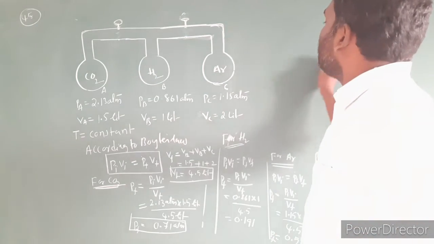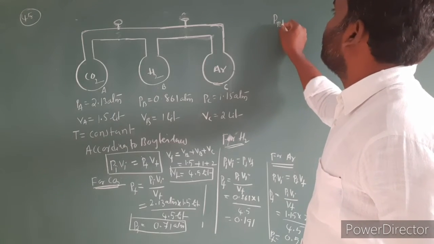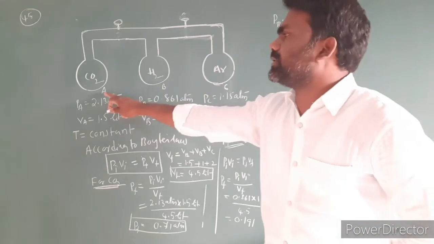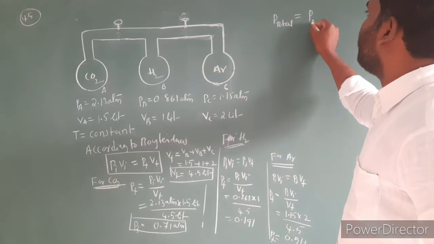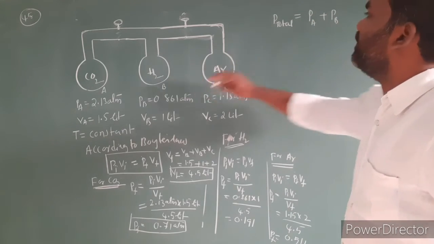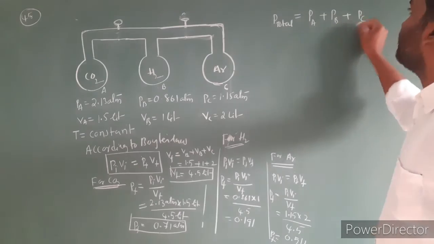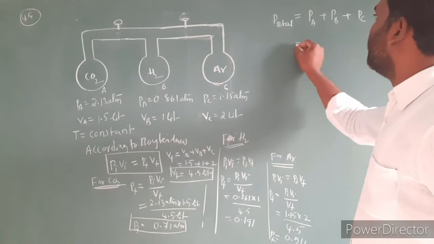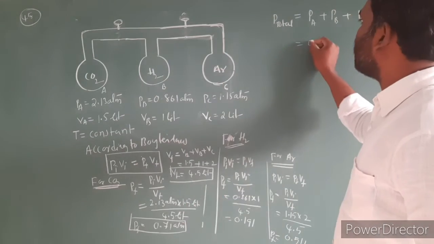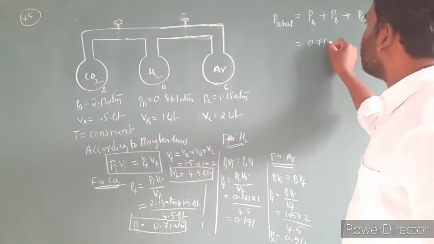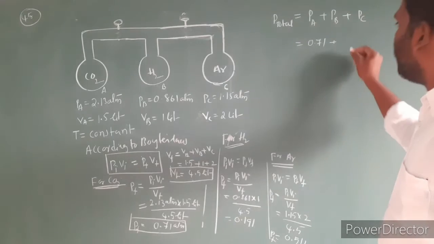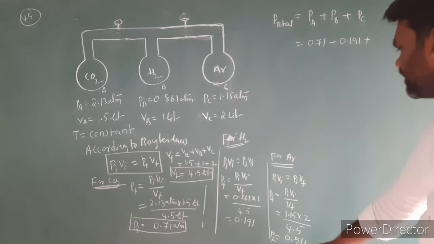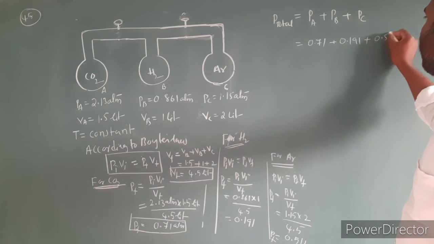Next we have to use Dalton's law of partial pressure. The total pressure is equal to the pressure of bulb A, because of carbon dioxide gas, plus the pressure of B plus the pressure of C. That is PA, 0.71, plus pressure of B, 0.191, plus pressure of C, 0.511.